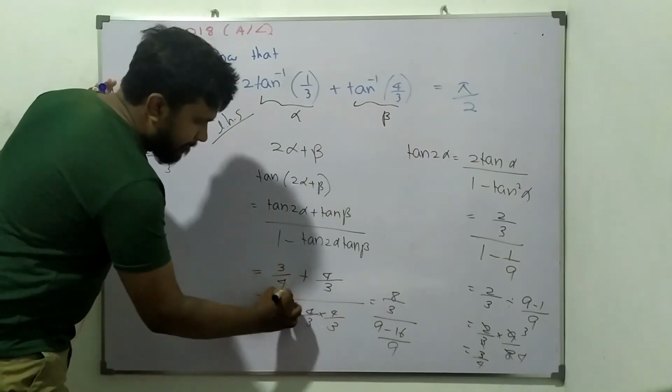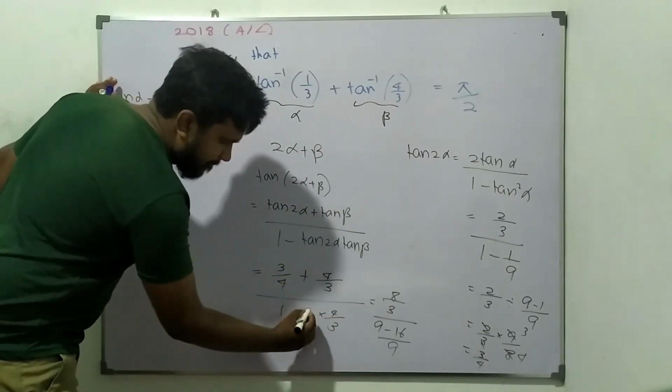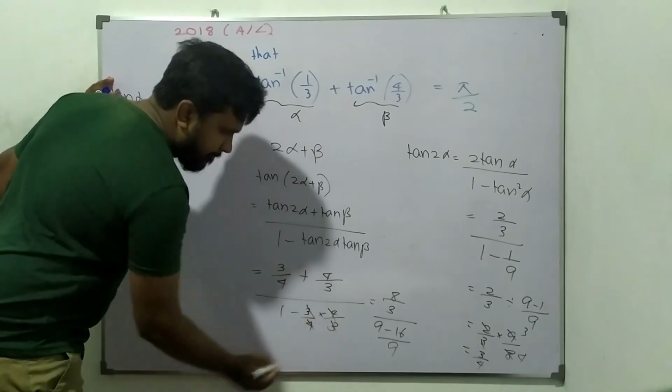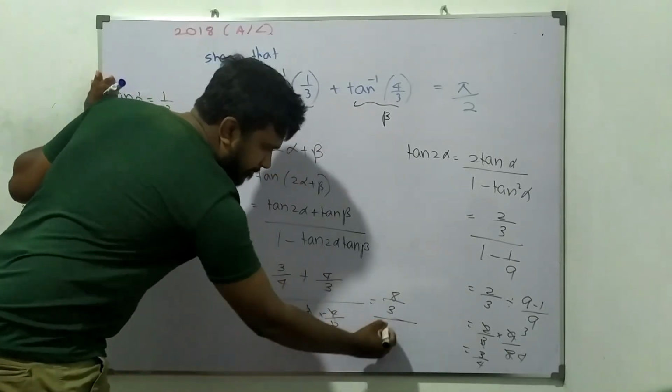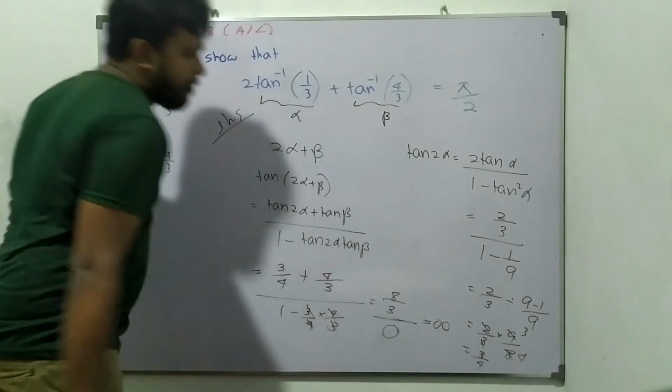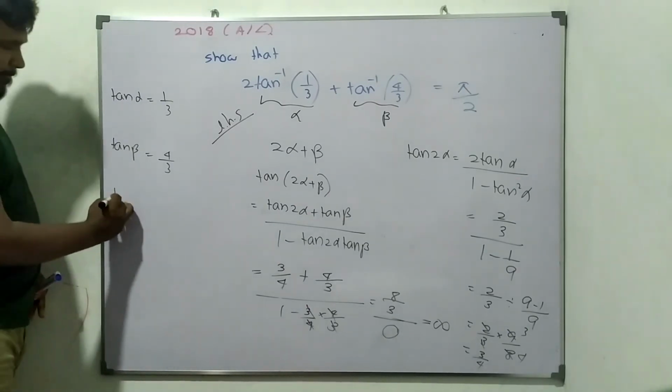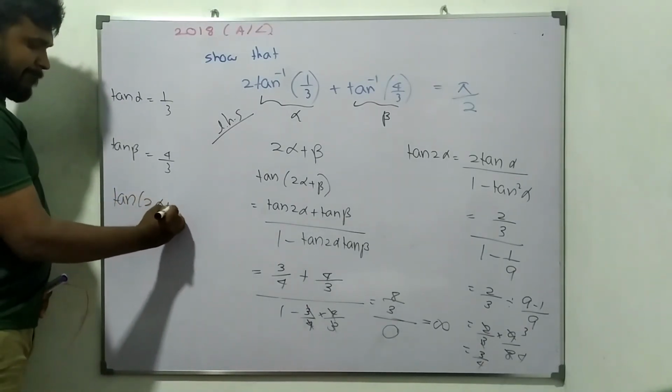So here it's 3 over 4, 3 over 4, yeah, it's 1 minus 1, 0. So once the denominator is 0 it means infinity. Infinity means tan 90. So it's proved.